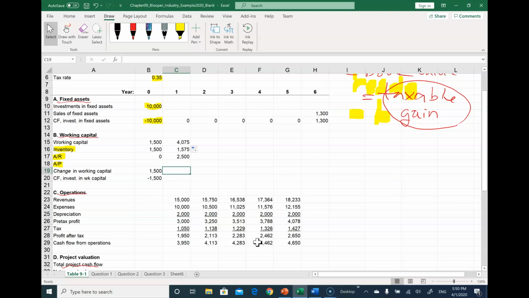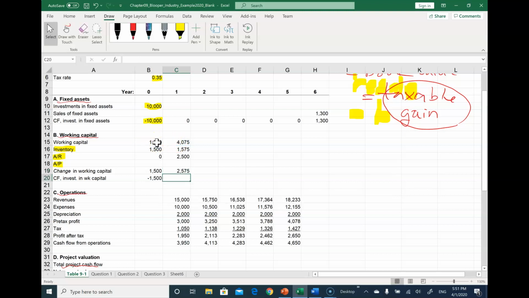So initially the working capital in year 0 was 1.5 million, but in year 1, it has gone up from 1.5 million to 4.075 million. So the change in the working capital is this year's working capital minus the previous year's working capital.